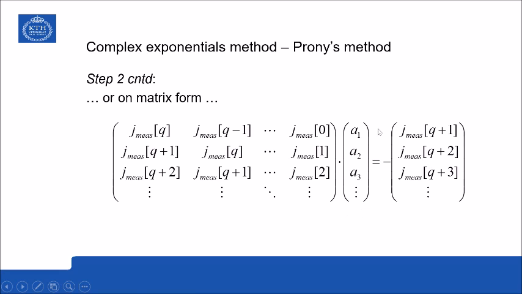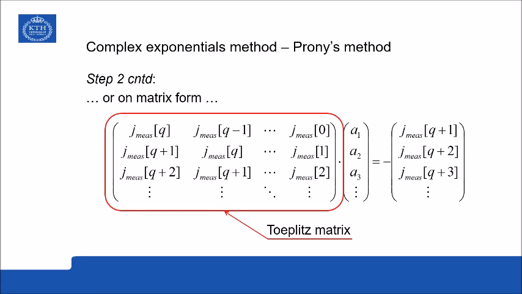So the unknown coefficient vector is here, and it's simply a linear system of equations. You can also note that the system matrix has the same element on each diagonal, and that is characteristic for a Toeplitz matrix.